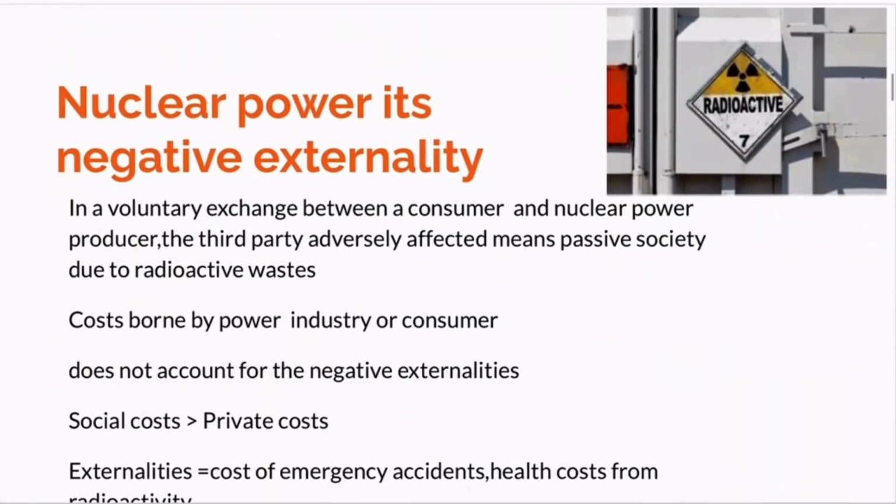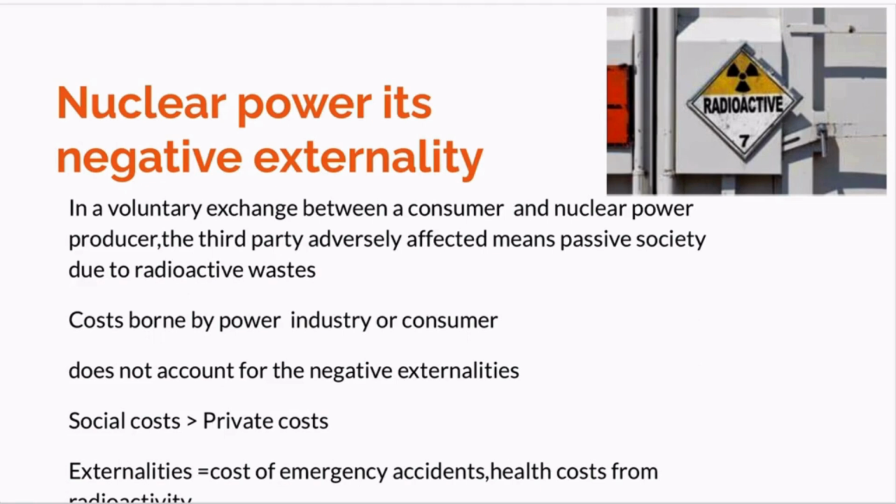Another example could be a nuclear power plant, because if there is a purely voluntary exchange between a consumer and a nuclear power producer, then in that case the third party is neglected. But if you consider the third party could be the passive society, which might be affected because of radioactive waste, right?